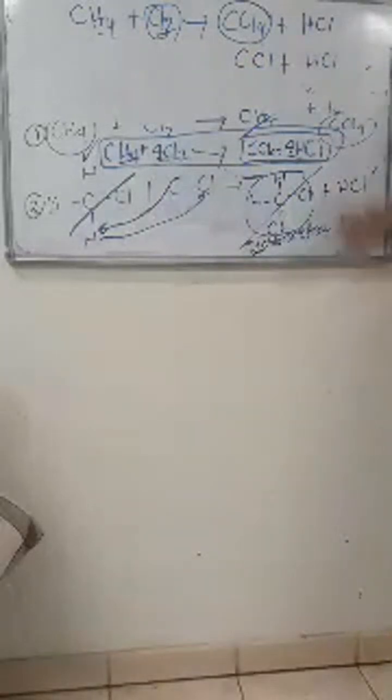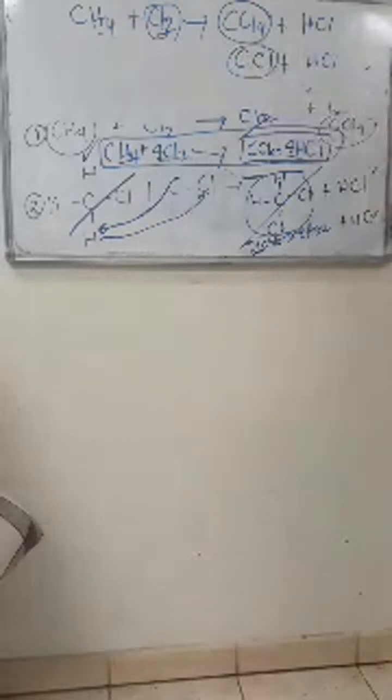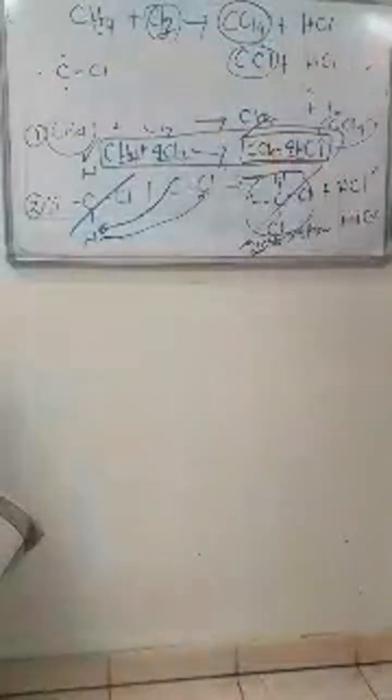Now, CCl looks unstable in nature. By analysis, if you have CCl, then you need to draw the structural formula. Carbon has 4 valence electrons in the outermost shell. 1, 2, 3, 4. If you don't put another chlorine, it's unstable.